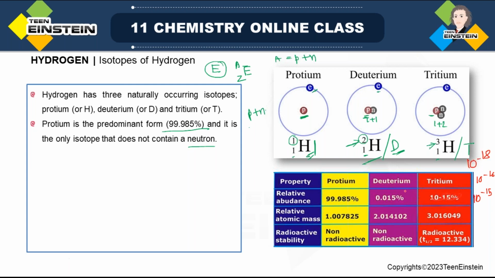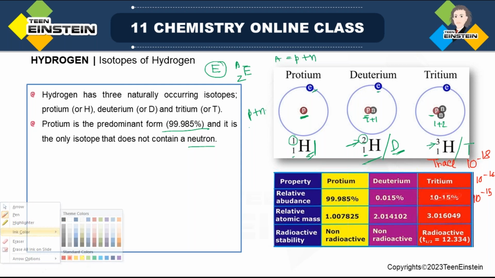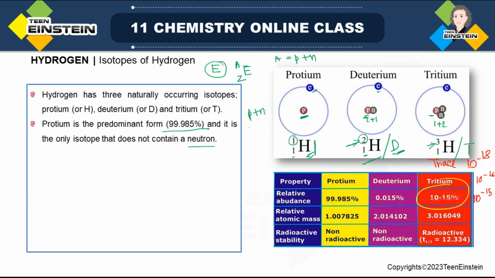Different values are there, so better you write it as trace. This is for protium, which is hydrogen, then D, and this is T.